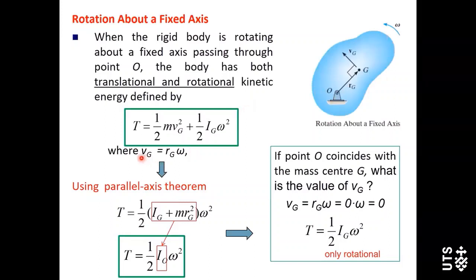So if we substitute this Vg equals Rg times omega into this equation, then rearrange it and use parallel axis theorem, we will get an equation like this.